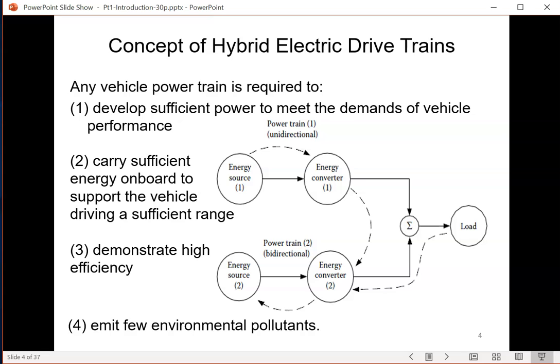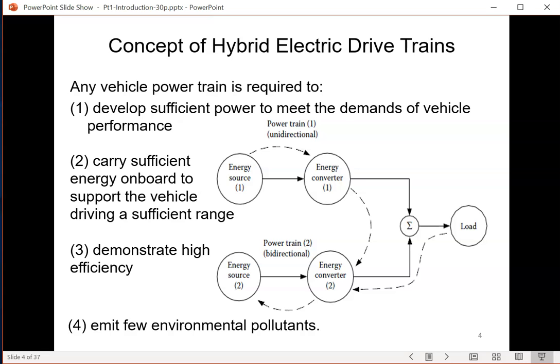Thirdly, it needs to demonstrate a high level of efficiency. That's the whole point of why people now use electrical vehicles, to achieve the desired performance with a system that can be quite efficient.